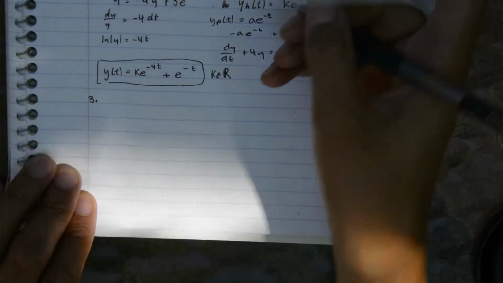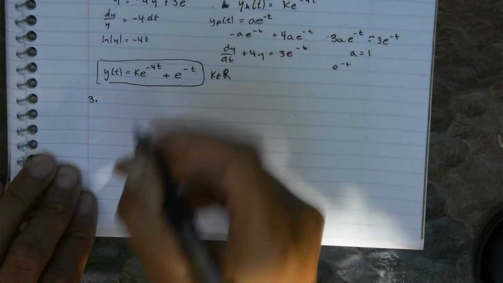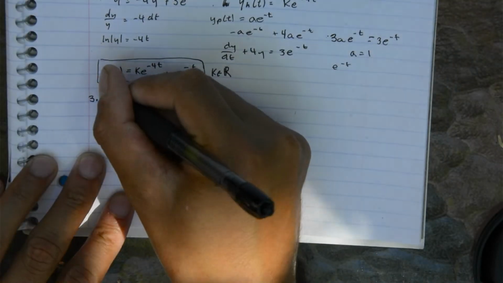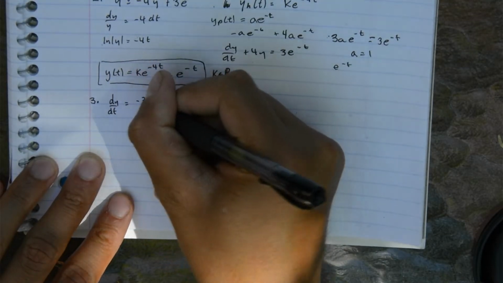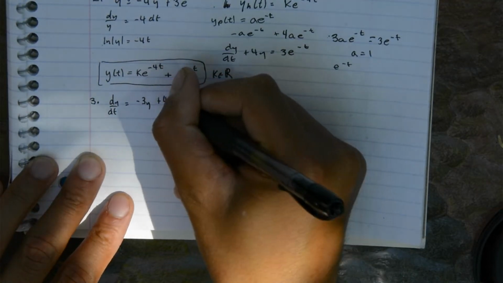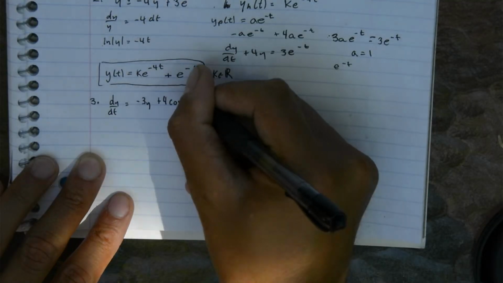All right, these have gotten easier now that I'm doing these. But I also picked dy/dt is equal to minus 3y plus 4 cos 2t.